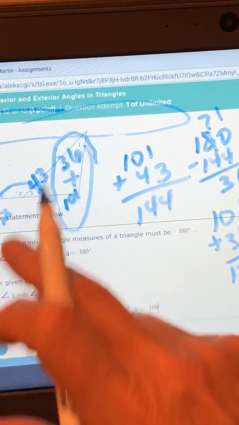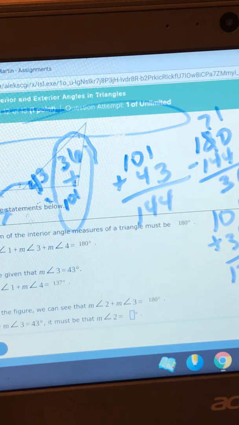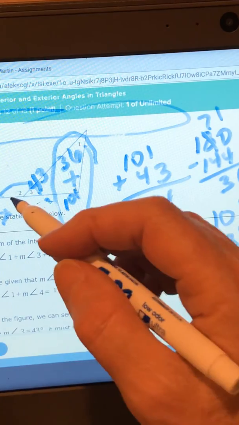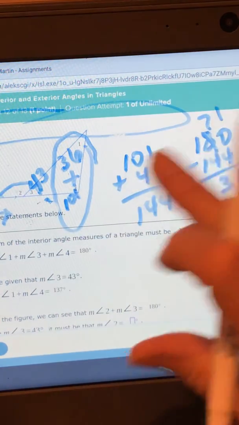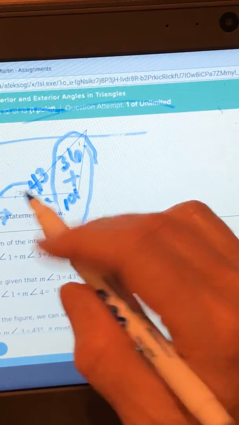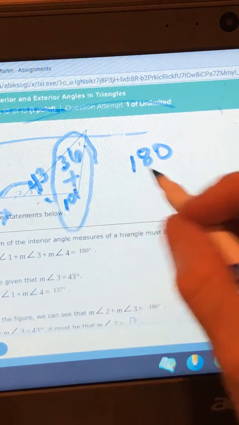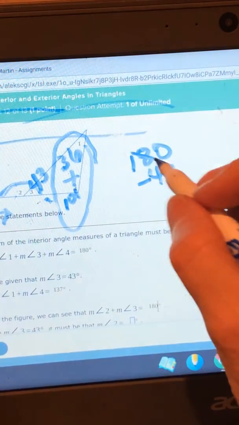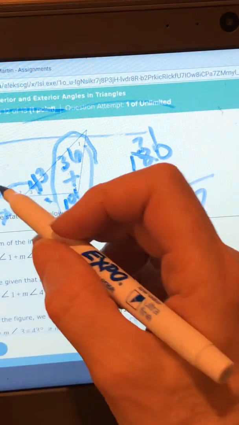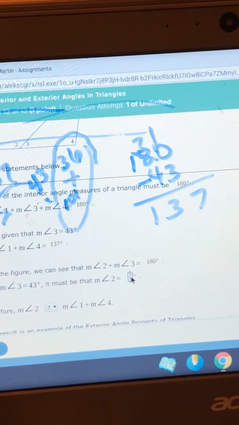So since the measure of angle 3 is 43, the measure of angle 2 is going to be 180 minus 43, because it's supplementary. So this whole thing is 180 minus 43, which is 137, so the measure of angle 2 is 137. So I'm going to put 137.